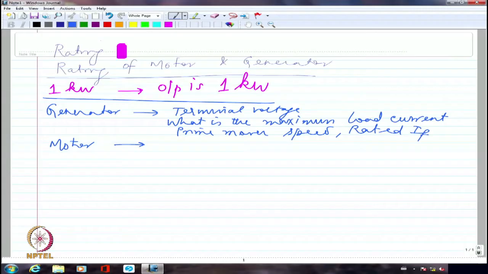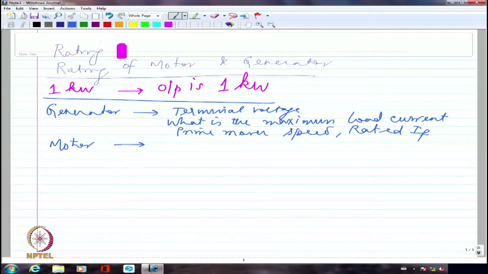In an ideal generator, I should not have gotten this discrepancy, but because of RA, which is a finite value, I'm going to have an internal drop, which is going to cause some regulation in this particular generator. This is true for any machine, whether we talk about a synchronous machine eventually, a transformer, or a DC generator, where we are talking about electrical output.